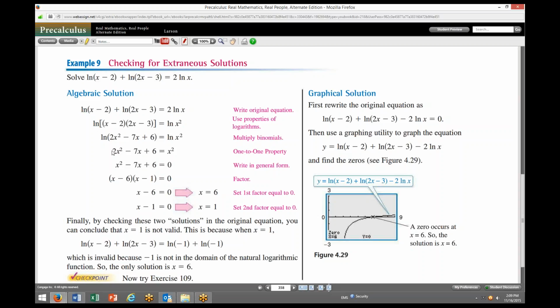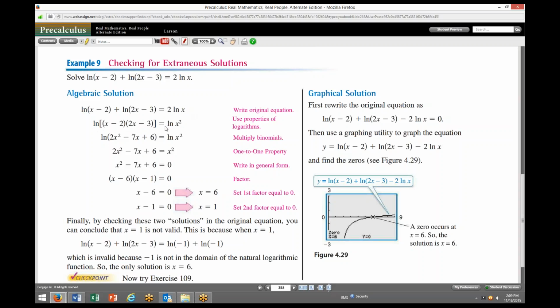And that is what they do right here in this line that I'm wrapping around with the cursor. The natural log of the product of those two, x minus 2 times 2x minus 3, then is equal to 2 times the natural log of x. But what else have they done on the right side? They've gone ahead and silently done a step, once again using the properties of logarithms.